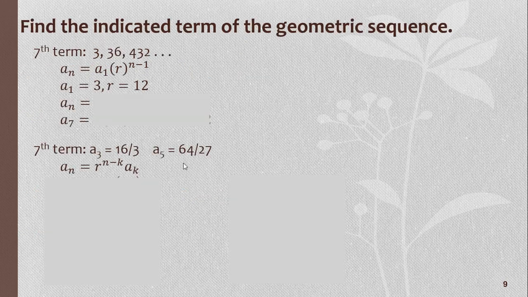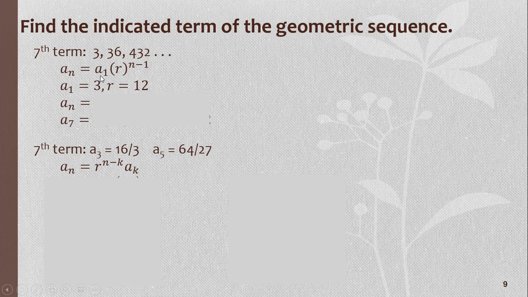All right. So find the indicated term of the geometric sequence. So we want to find the 7th term if I've got 3, 36, 432, and so on. Well, what's the 7th term? Well, I could do it by hand and write these all out, or I could do it this way. My r, it looks like, is 12, because 3 times 12 is 36.